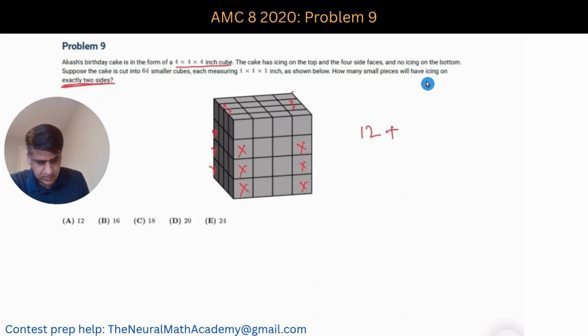So I will have then 4 more cubes, and I will also have this and these, so 4 from here. So the total cubes that I will have with 2 faces having icing, they are 20 in total. So the answer is D for this problem.